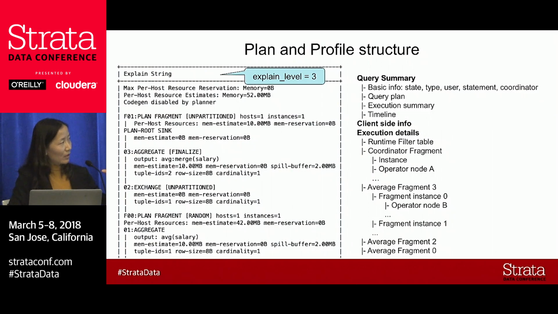Then it will also embed the full plans in the query profile. After that, it will show you the execution summary. Even if you don't remember how to read any of the metrics, but just remember how to interpret the execution summary, that probably can already help you solve half of the problem.